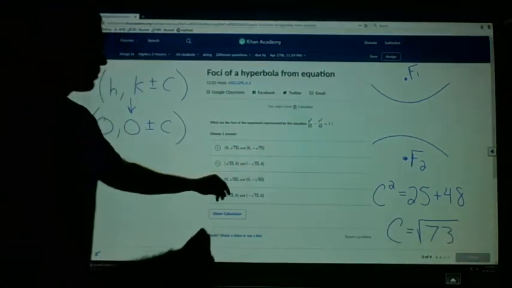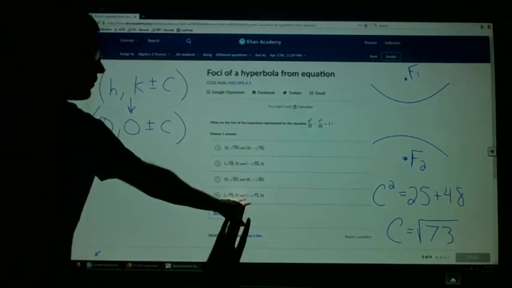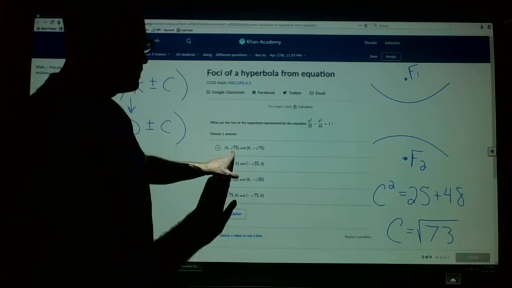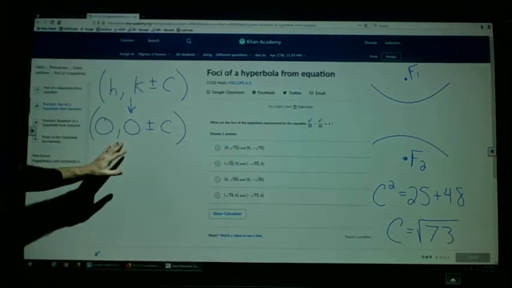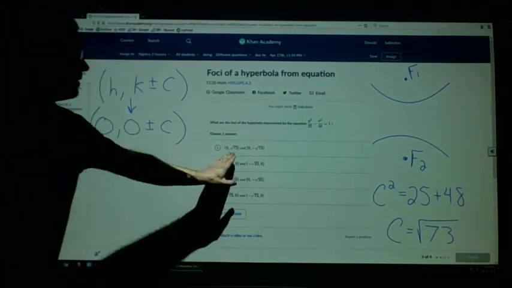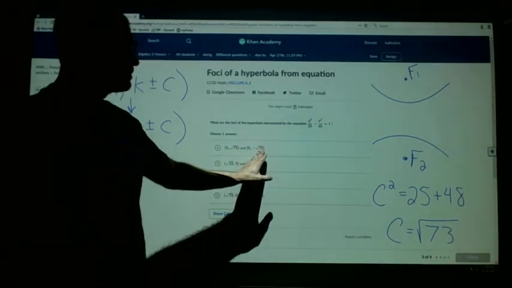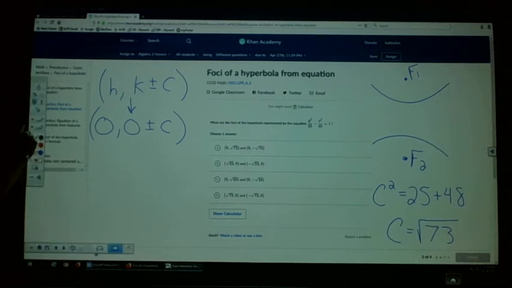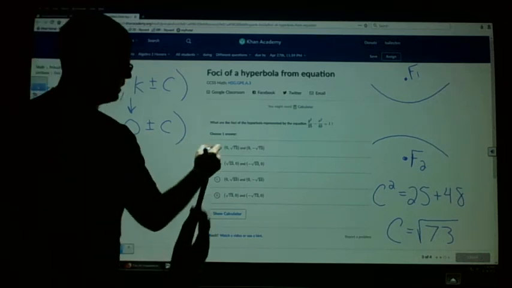Check my answer choices real quick. That's exactly what they used. They didn't reduce it at all, so we're not going to worry about that. I need A. A is the only one that fits. 0 and then 0 plus root 73 and 0 minus root 73. So we're going to select choice A.